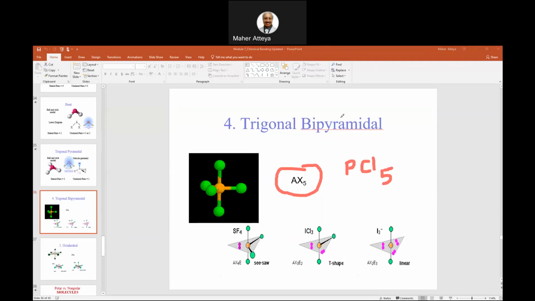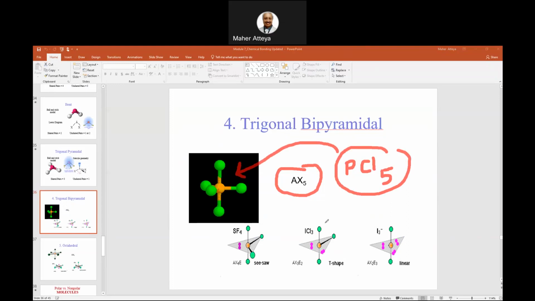What's the compound name? Phosphorus pentachloride. This one, because the C is not a vowel, so I say penta with pronunciation of the A. So pentachloride. This one here has the shape of trigonal bipyramid.